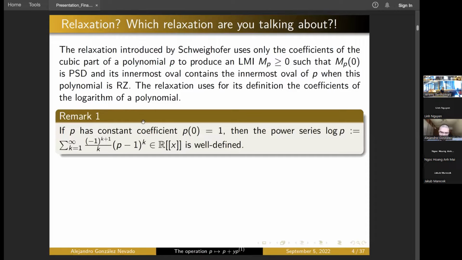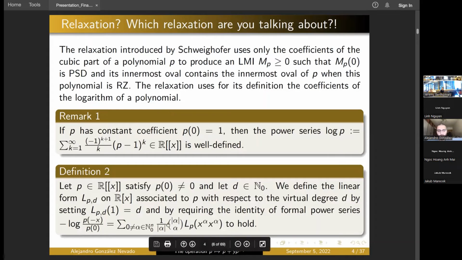To introduce this definition, this relaxation, we have to define the logarithm of a polynomial, which you are seeing there. With that we can define a linear form on the space of polynomials, by defining it on a basis.